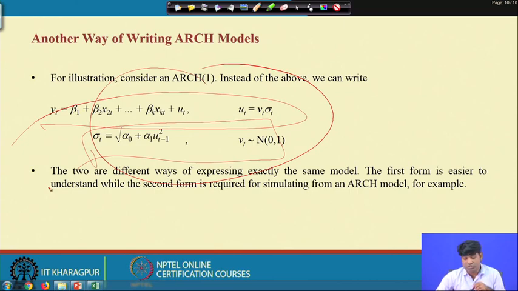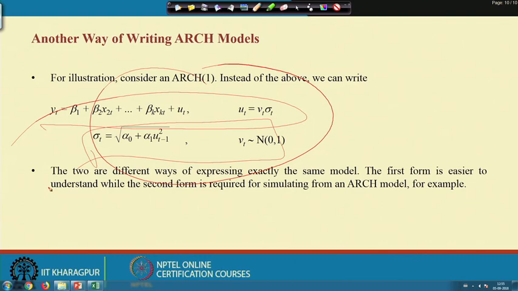The first form is easier to understand, while the second form is required for simulating from ARCH models only. Okay. That is sigma squared equal to the square root of this, because it is simply sigma squared equal to alpha 0 plus alpha u squared t minus 1, for ARCH(1), and by default the other side will be the square root, and then we can do this kind of estimation.